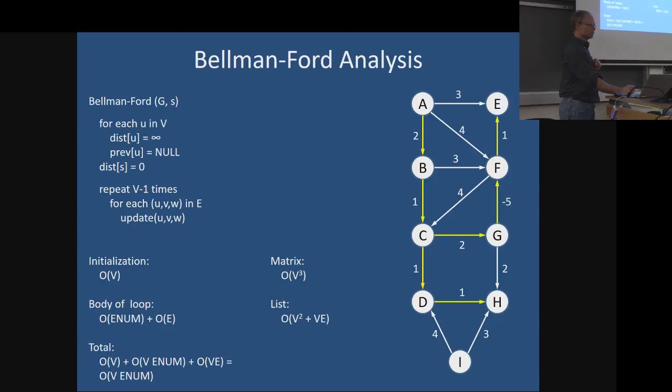It would be V squared plus O of V times E. If it's a dense graph, we'd get a V cubed term there. It improves the algorithm if you generate the edges once.